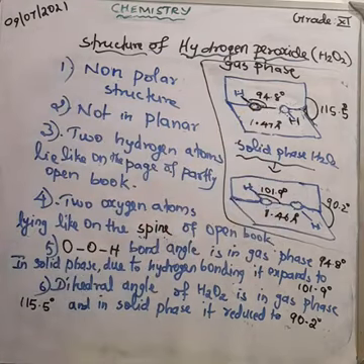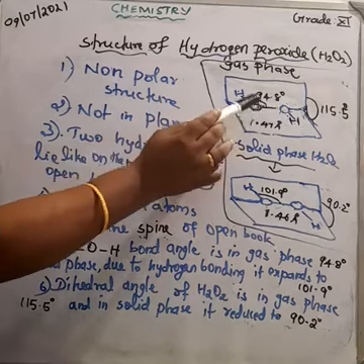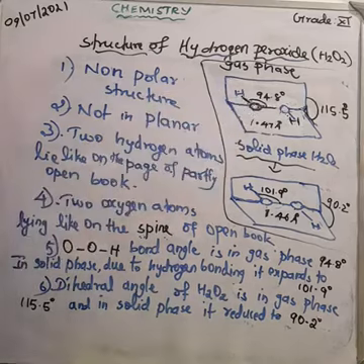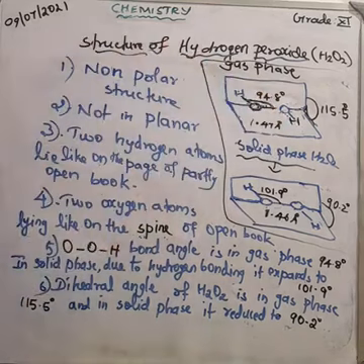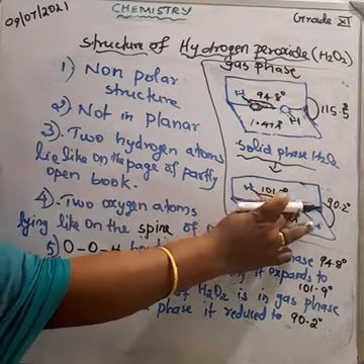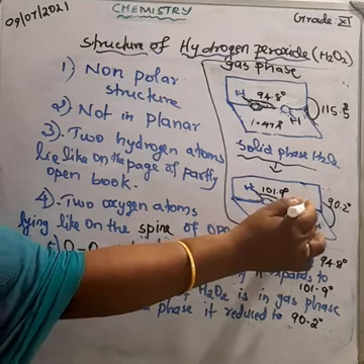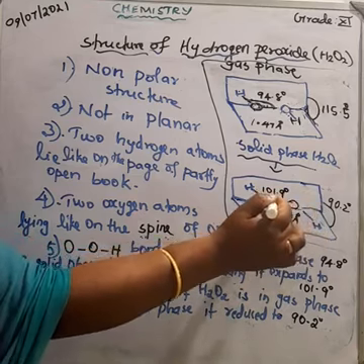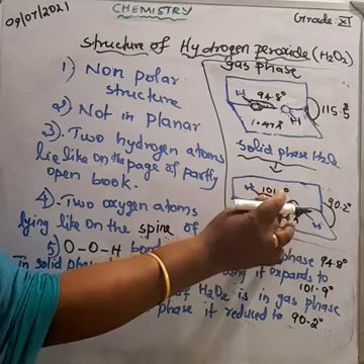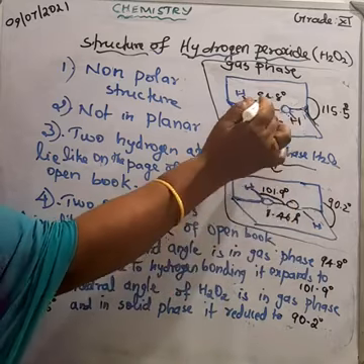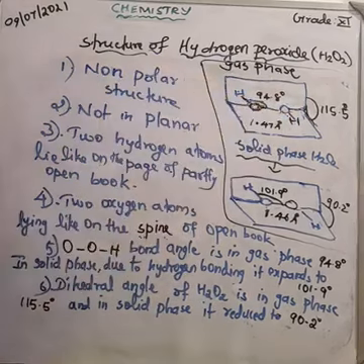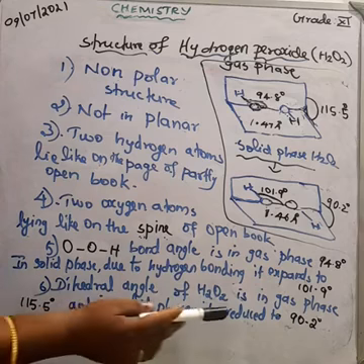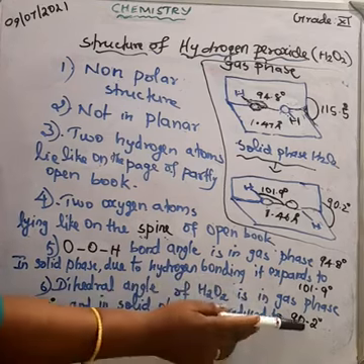And the next point, the O-O-H bond angle. The bond angle of hydrogen peroxide in the gas phase is 94.8 degrees, and in the solid phase, due to hydrogen bonding, it expands to 101.9 degrees. Next, the dihedral angle of hydrogen peroxide in the gas phase is 115.5 degrees, and in the solid phase it is reduced to 90.2 degrees.